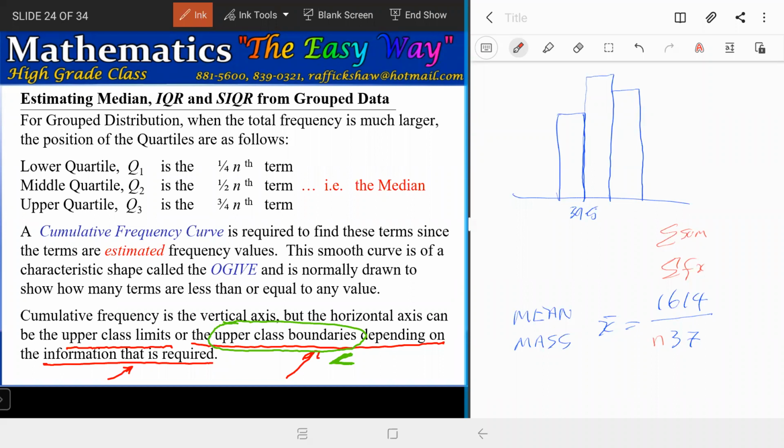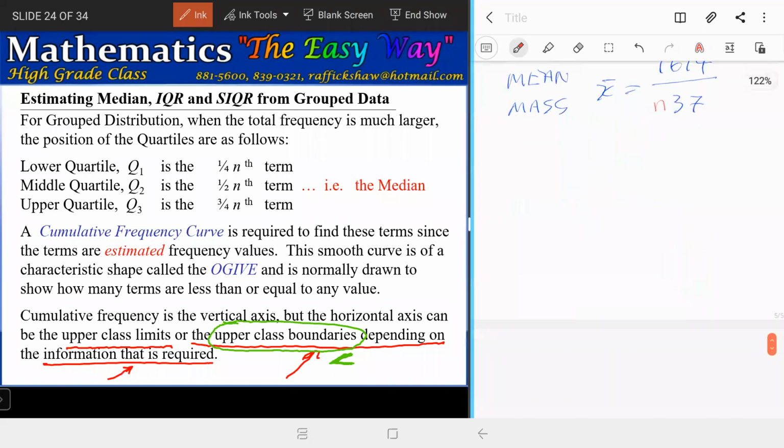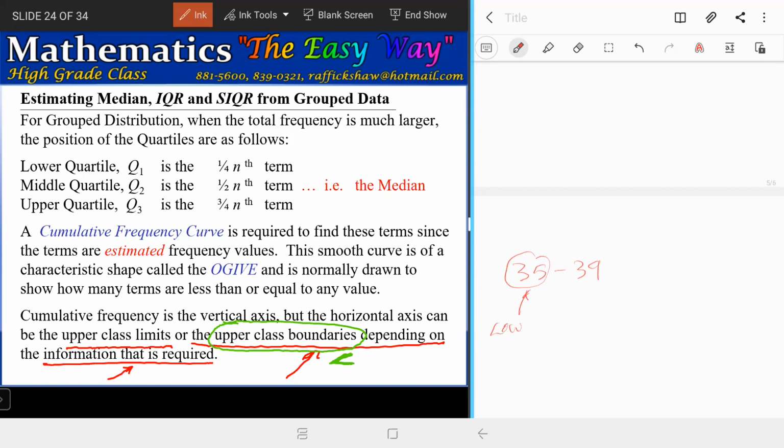So, sir, in the last one where the first group of mass in kg was 35 to 39, the limit values would be 35 to 39. So this one will be the lower limit value, and this will be the upper limit. So these are the limit values, lower limit and upper limit.